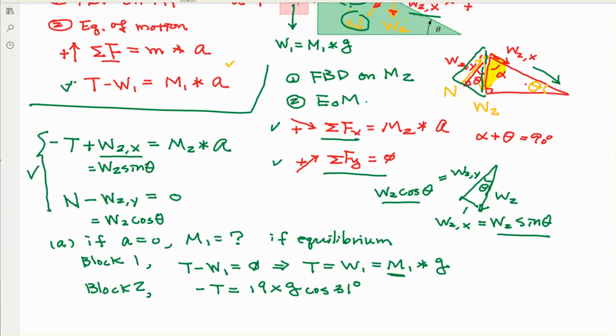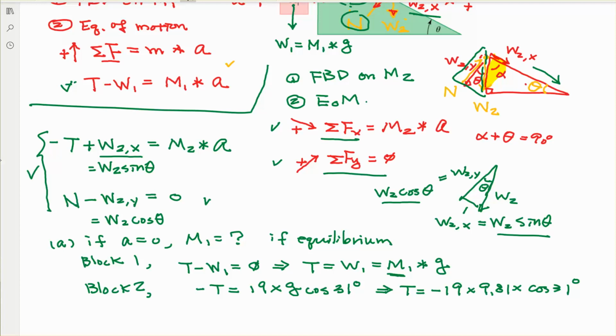You can get T. We also have another equation, the one that gives you 0.